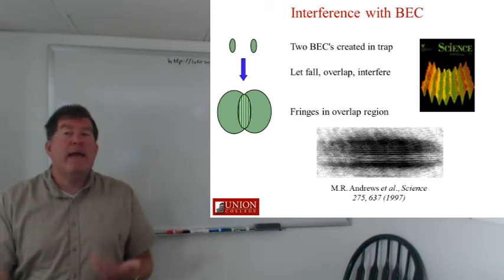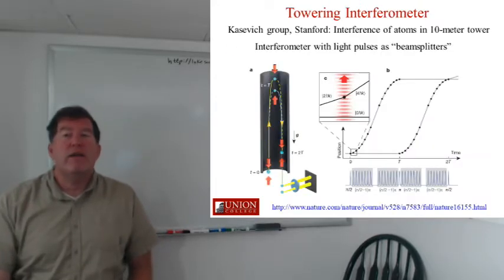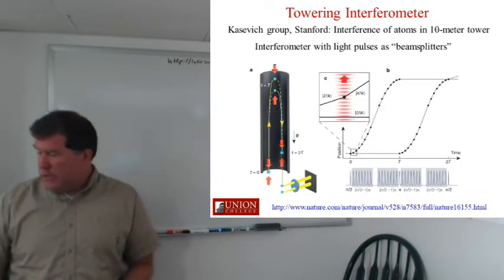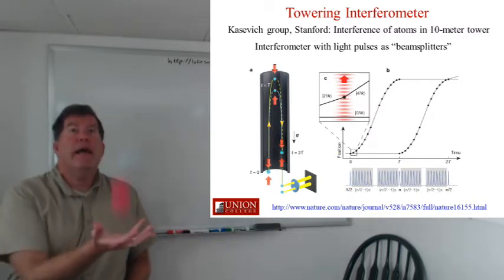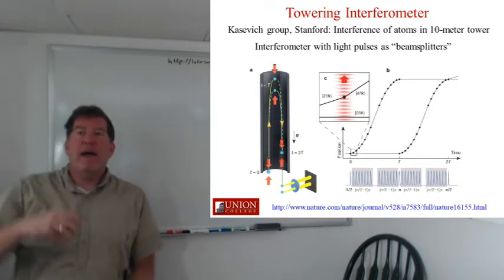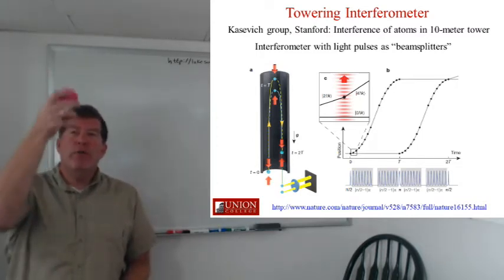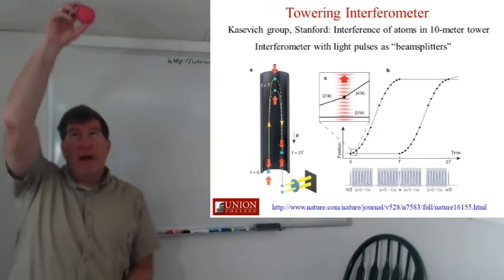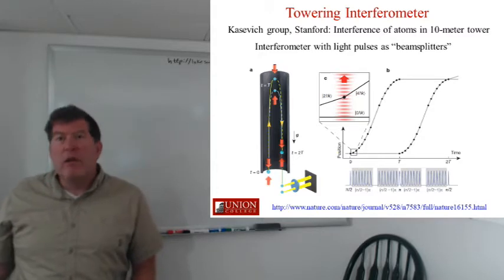This is something that can be taken to a really extreme length. The group of Mark Kasevich at Stanford now does experiments where they take a cloud of atoms and they throw it up in the air, 10 meters up in the air. They have an enormous vacuum chamber in a tower, and so they can throw the atoms up so they travel 10 meters up before they come back down to the lower level.